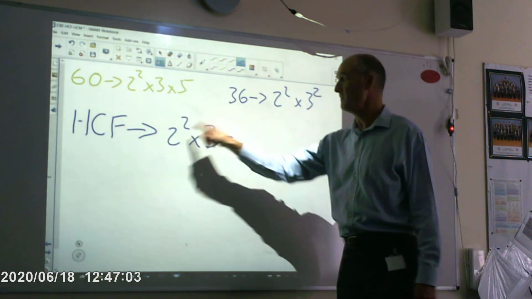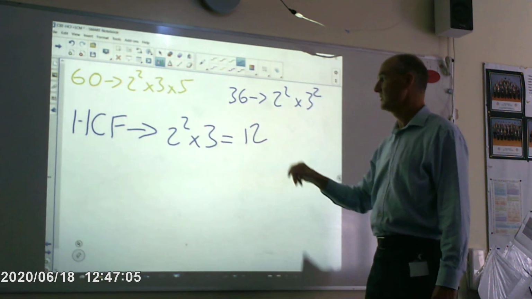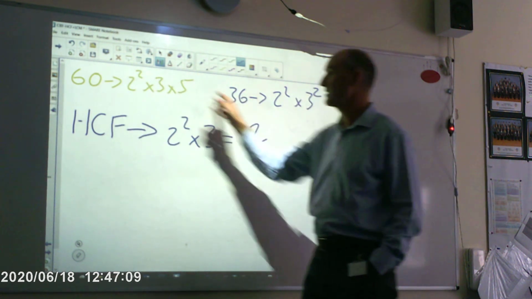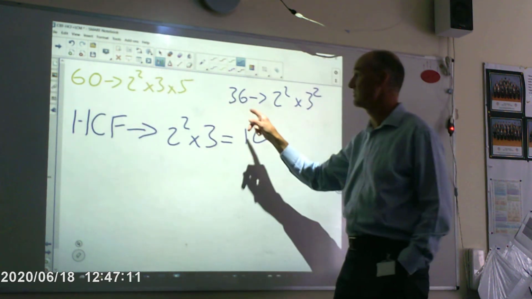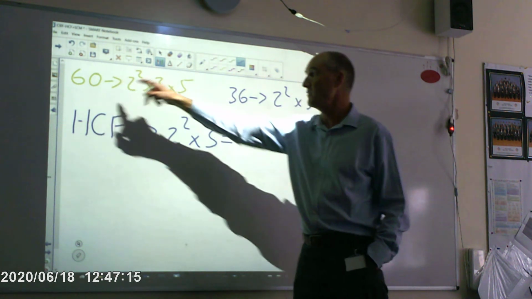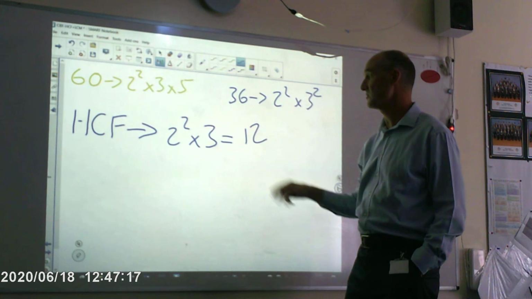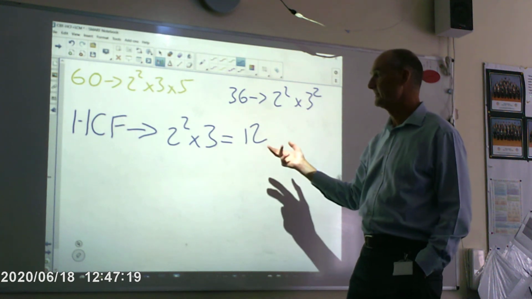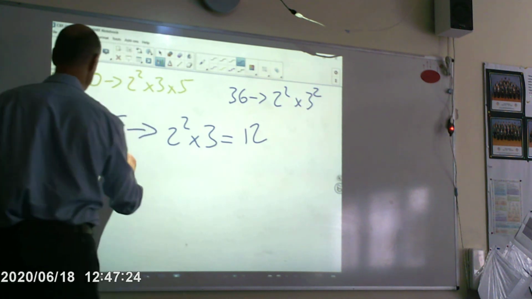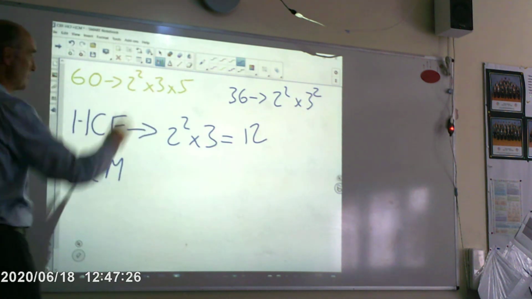It's 4. 4 times 3 is 12. Highest common factor of 60 and 36, the highest number that goes into both of those numbers, is 12. 12 goes into 60 5 times, 12 goes into 36 3 times. Yeah, that makes sense.